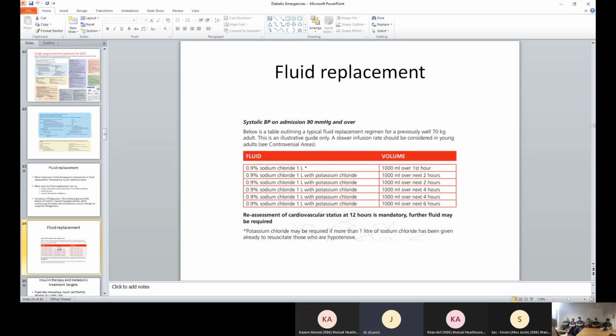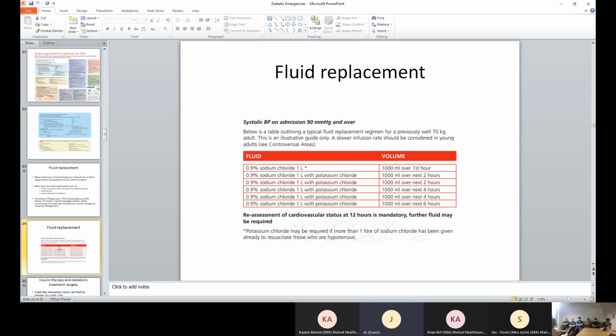Because you need the insulin to continue to get the glucose uptake. So in the DKA, the initial management, I'm not trying to correct the blood sugar. We are trying to reverse the lipolysis pathway, and the only thing which can reverse and stop the lipolysis is the insulin.